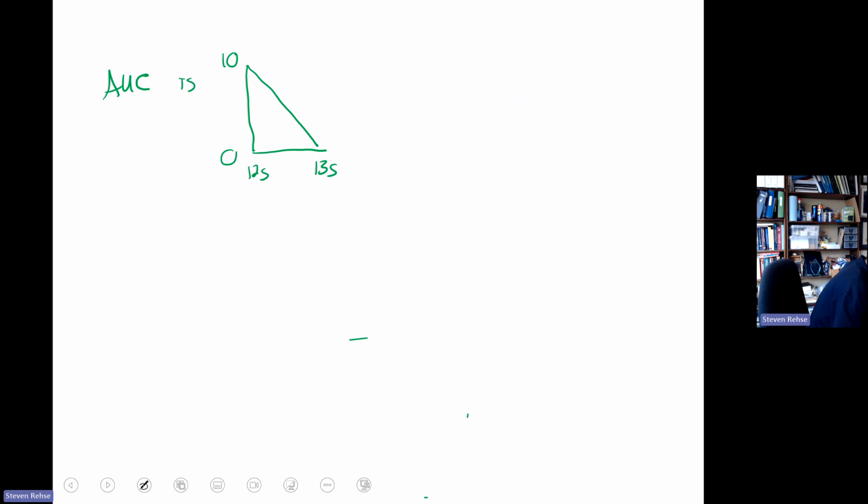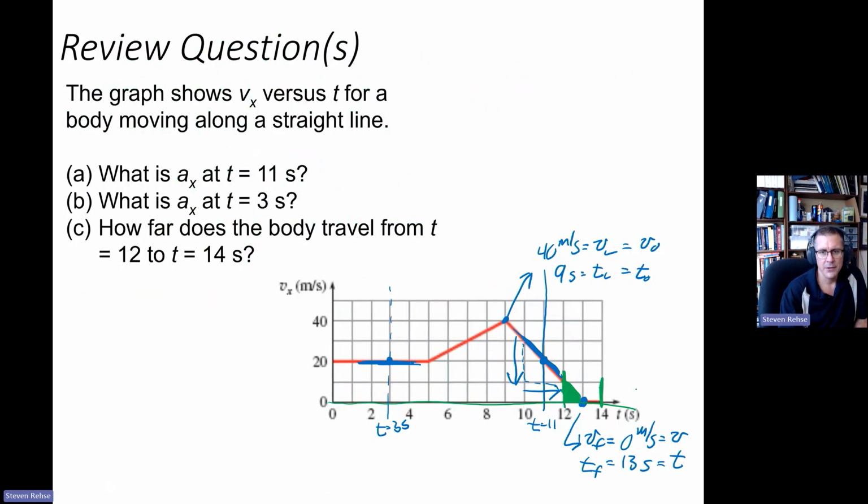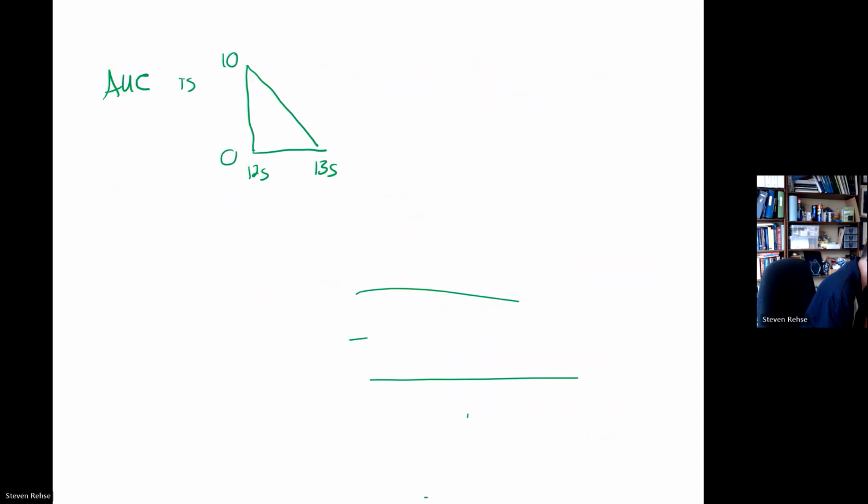I am just showing you a zoomed in view, let the screen catch up with me, right? See that triangle I drew? Do you see how it's starting at 10 right here, going to 0, and it starts at 12 and winds up at 13? That's the triangle that I'm trying to show you guys.